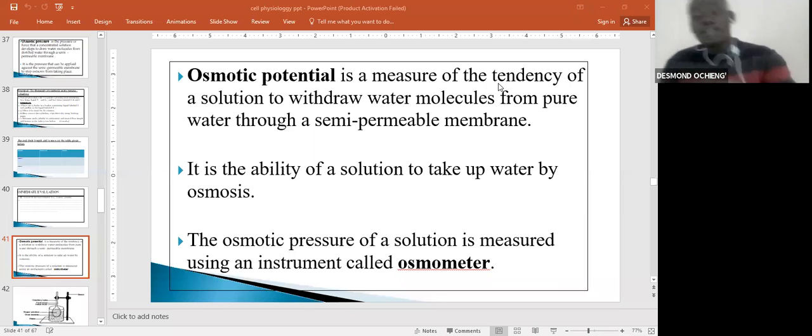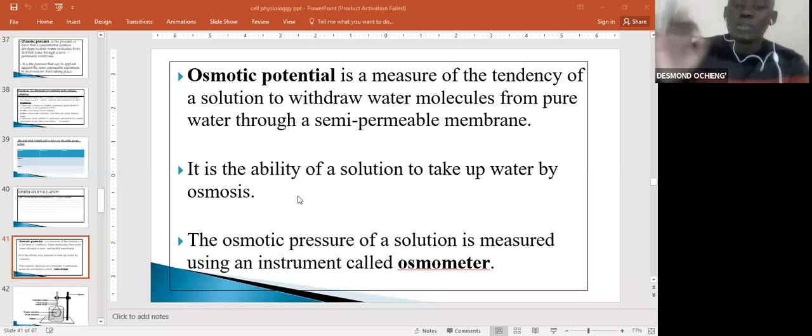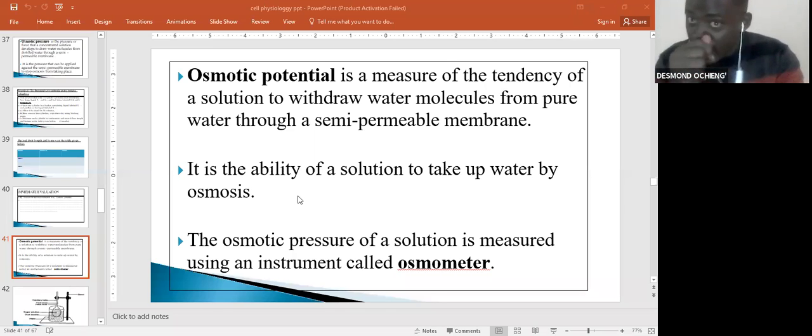That is why we're saying that it is the measure of the tendency of a solution to withdraw water molecules from pure water through a semi-permeable membrane. It is the ability of a solution to take up water by what? Osmosis. Very simple definition in my second statement here. It is the ability of a solution to take up water by osmosis.